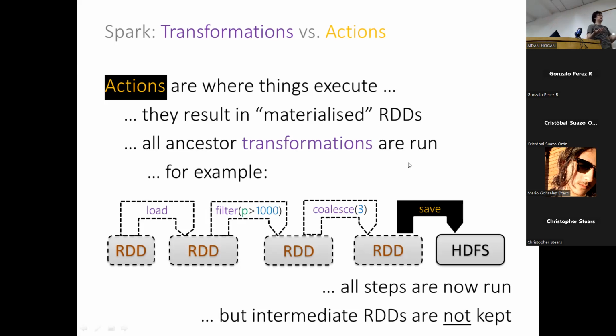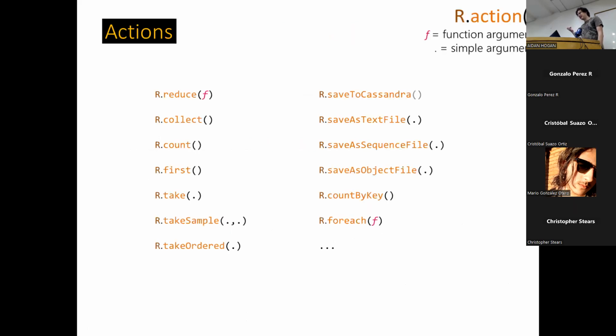They're more like references to phantom RDDs. They're not going to be materialized. So these RDDs are not kept, and this is important to remember for a reason we'll see in 1 second.